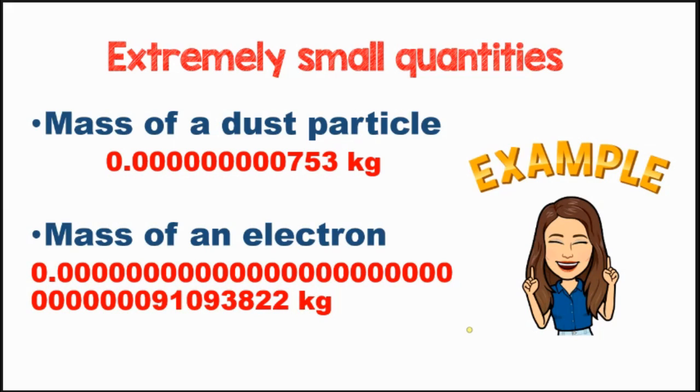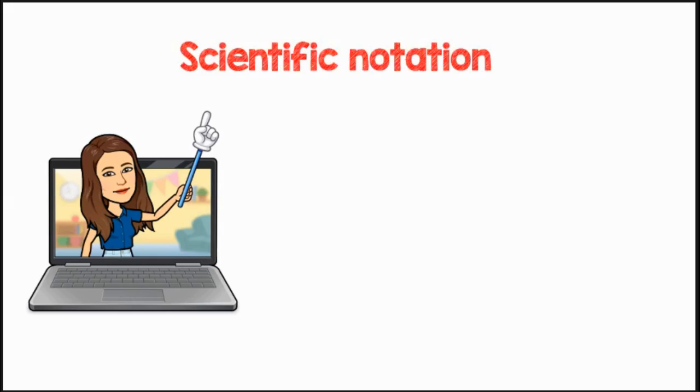Just look at the value. There are a lot of zeros before our digits, 91093822 kilograms. So it is really confusing if you will have to compute numbers such as this. That's why we have scientific notations.